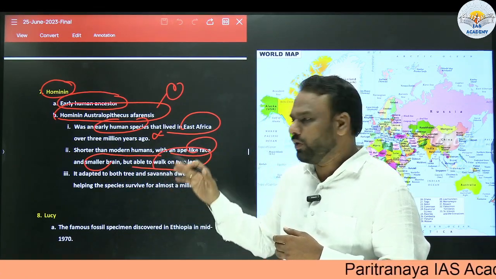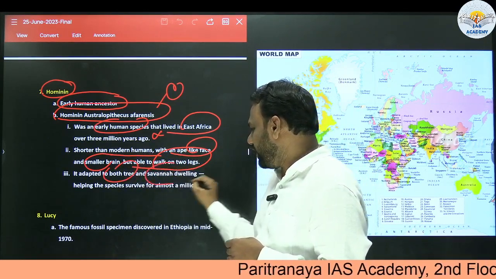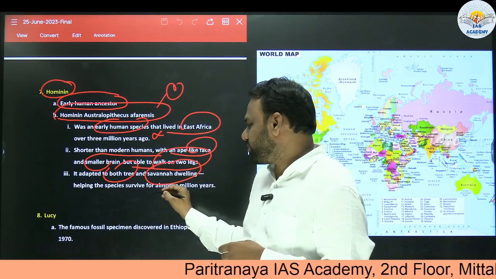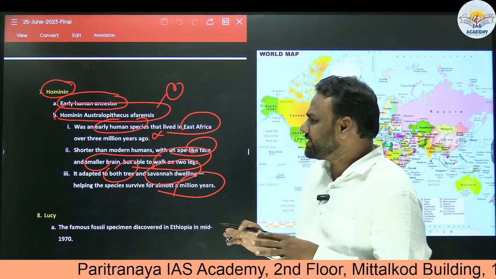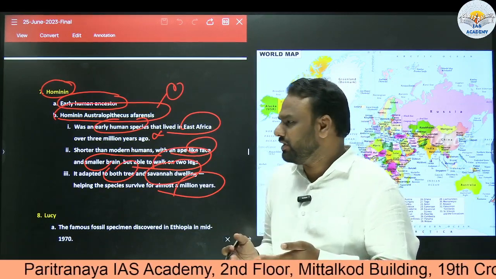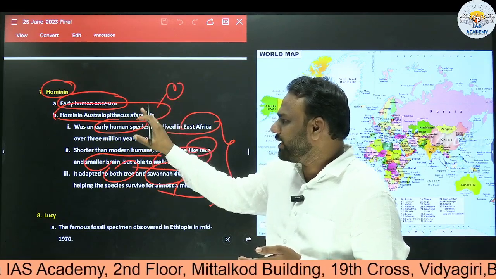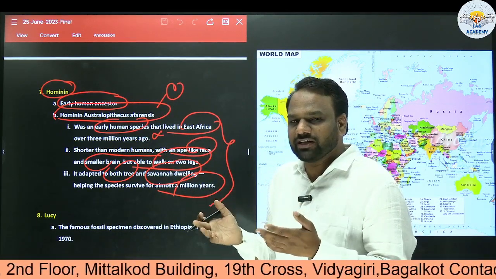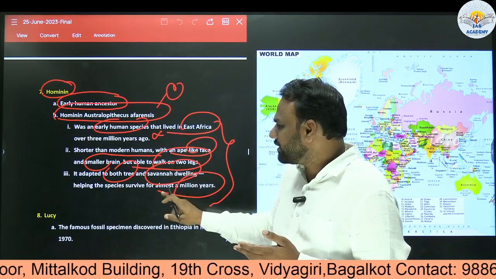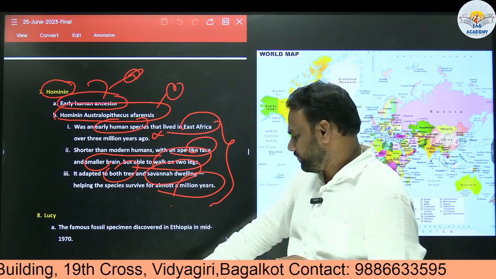They adapted to both tree and savanna dwelling, helping the species survive for almost a million years. The current demand of the examination does not expect us to recall all these things. If you are able to connect that hominin is an early human species, that would be sufficient. If time permits at the time of examination, then go through all these entries. Otherwise, just the first 2 lines would be sufficient.